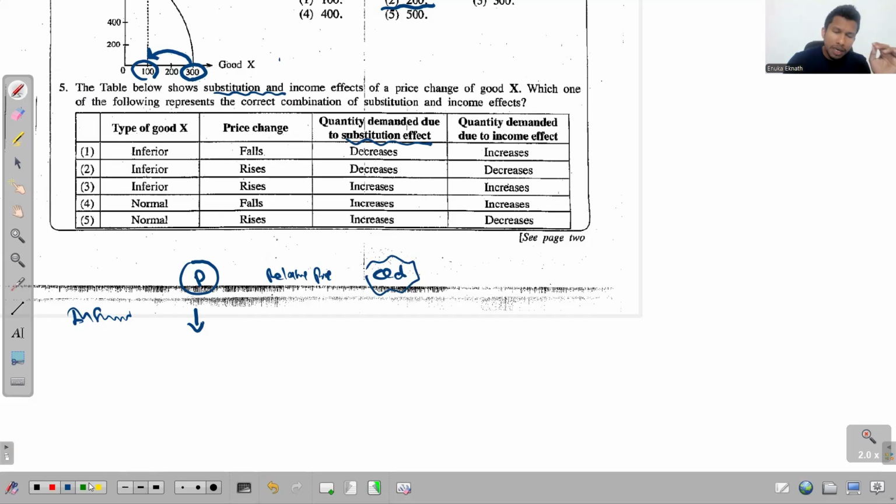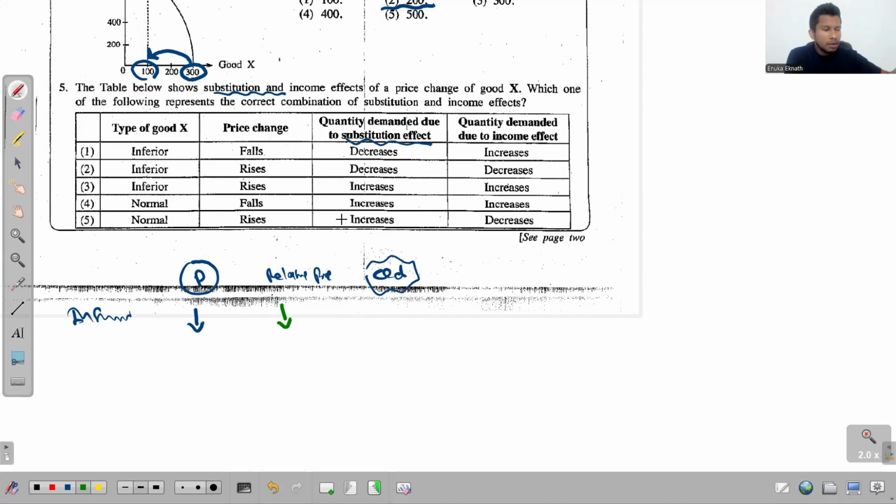Now just imagine that this is an inferior good, and for some reason the market price decreases. And when the market price decreases, it doesn't matter whether the good is inferior or not. What happens to its relative price? The good becomes relatively cheaper compared to the available substitutes. So the relative price also decreases.